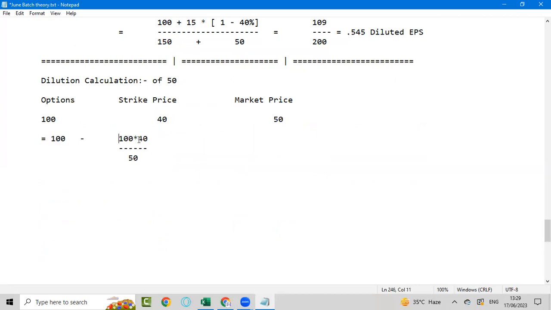Company will get 100 into 40 rupees from those employees. This amount 4,000 will be used to buy shares at market price. So what will happen? 100 shares will be issued and 80 will be bought back. So net shares will be 20. This is your dilution.